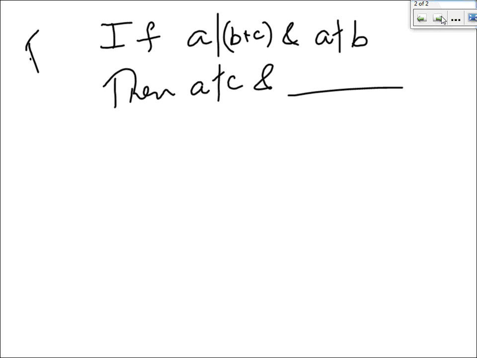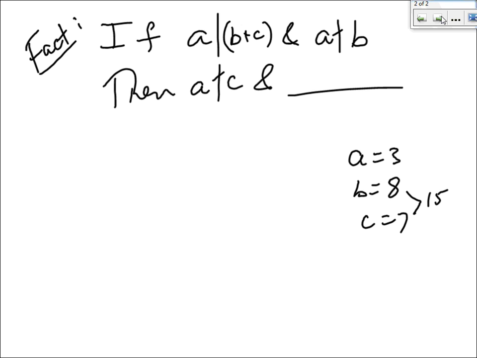Here's another fact. Now, let's look at this. Let A be 3, B be 8, C be 7. So the sum is 15. And yes, 3 divides the sum, and 3 does not divide 8.